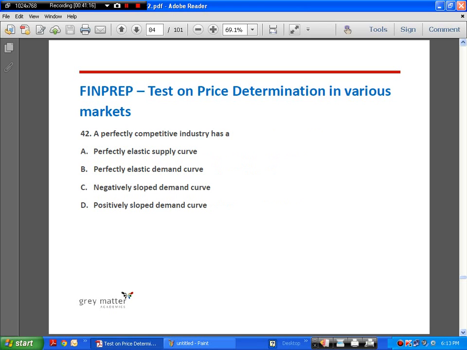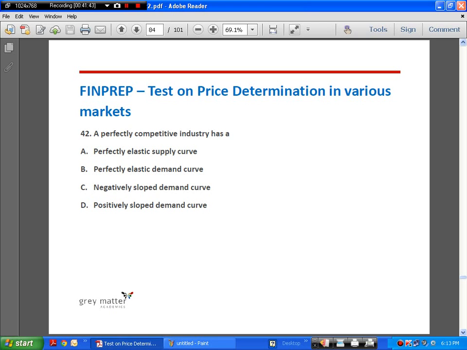42nd question. A perfectly competitive industry has perfectly elastic supply curve, perfectly elastic demand curve, negatively sloped demand curve, positively sloped demand curve. So here we notice that for a perfectly competitive firm, the demand curve is perfectly elastic.